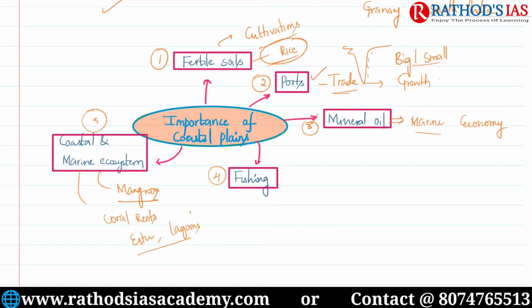Mangroves provide different ecological services, and coral reefs are called the rainforest of the marine ecosystem. In this way, these coastal plains have a lot of significance and contribute to our economy.